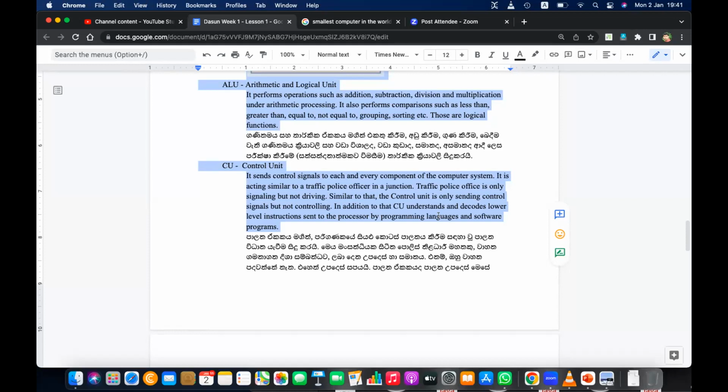A traffic police or traffic manager will control or manage the traffic, but he is not going to actually drive the traffic. A traffic manager in the middle of a junction is not going to drive any vehicle. Instead of driving, he's commanding the vehicles to go here and there. That is the nature.